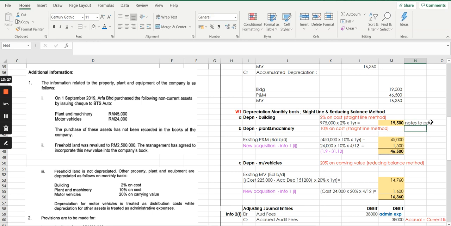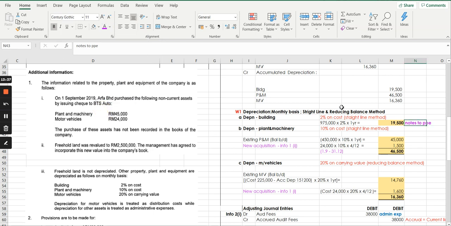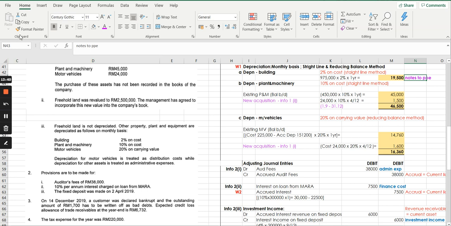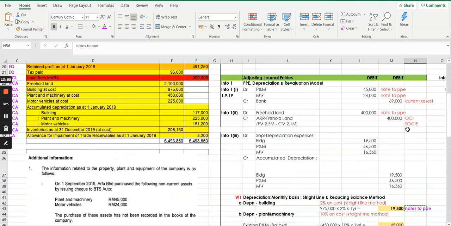Not just in the statement of profit or loss, but it must also be put in the notes to the PPE. Same goes here. You need to include the depreciation charge in your notes to the PPE, right?